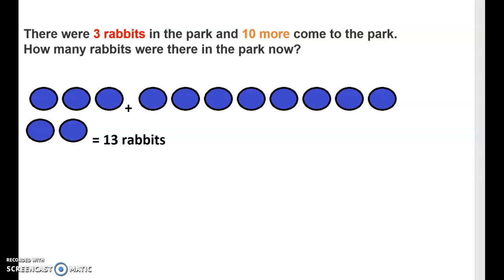Now there's another way you can show this to me. You can write 3 plus 10 equals 13, right? Or you could use tally marks. 1, 2, 3 plus, okay, and just give me a second. I'm going to put the tally for 10.